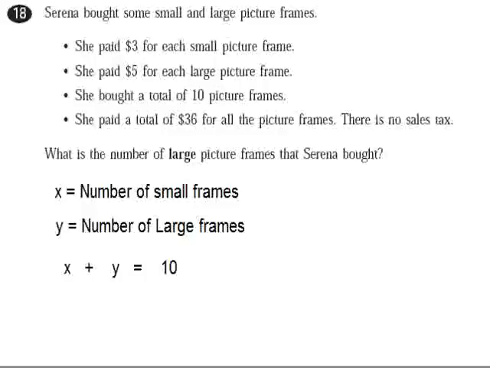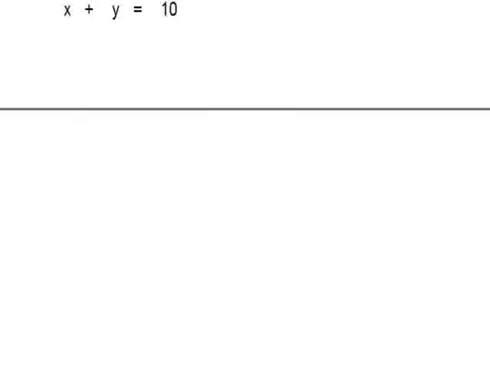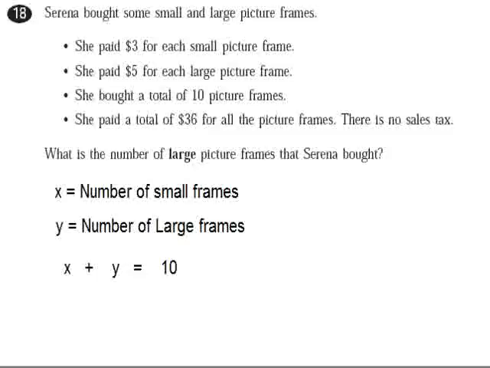So let me bring that down and put that in this window here, if I can get the window to line up there. So 3 times X is the cost of the small frames.